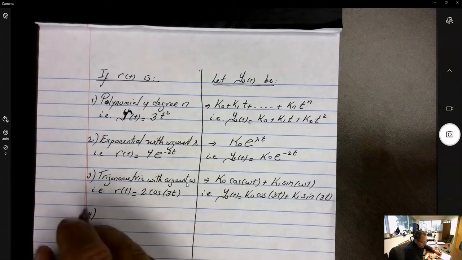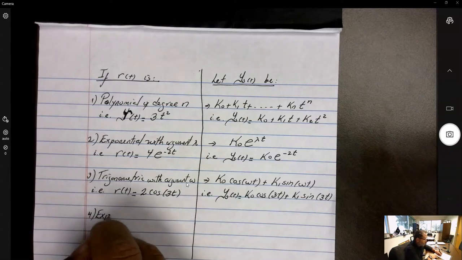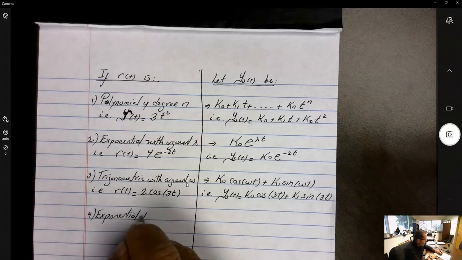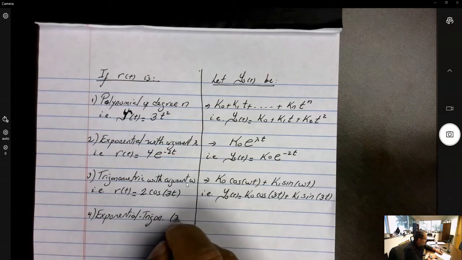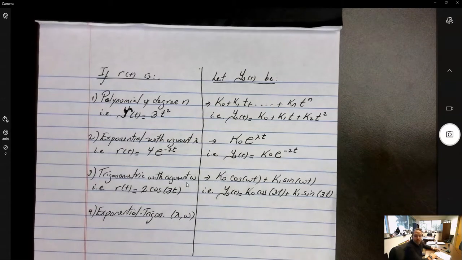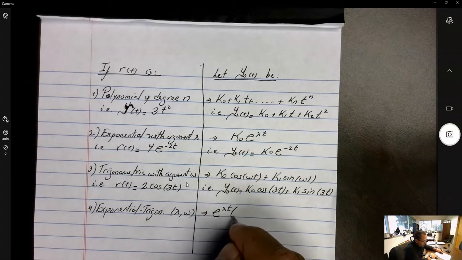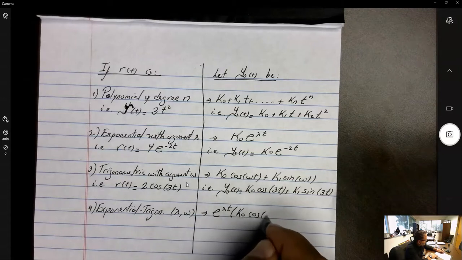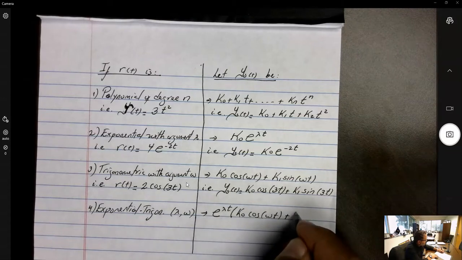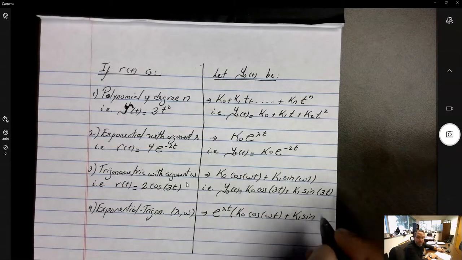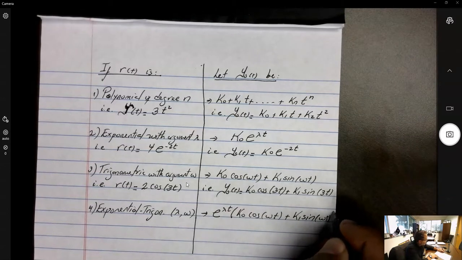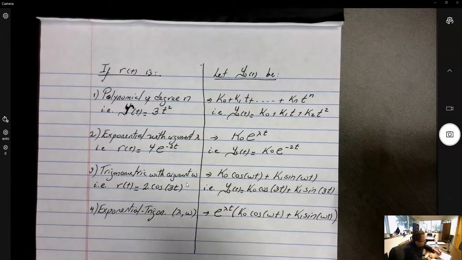For another example, an exponential trigonometric with arguments lambda and omega, then we expect the specific solution to also be trigonometric and exponential, with the same arguments, lambda and omega.